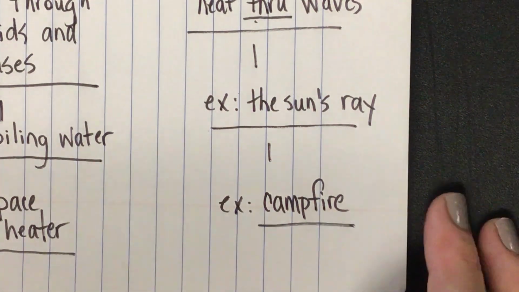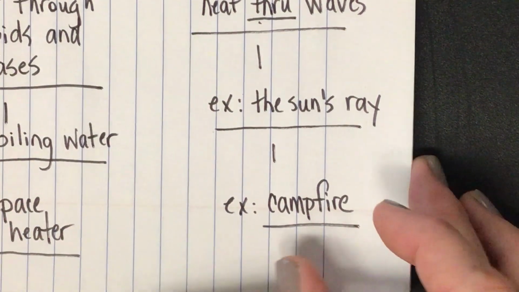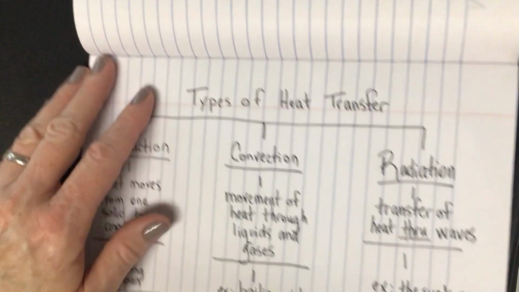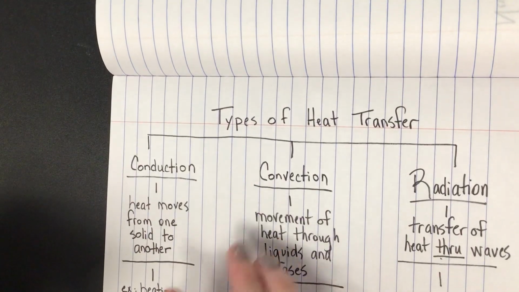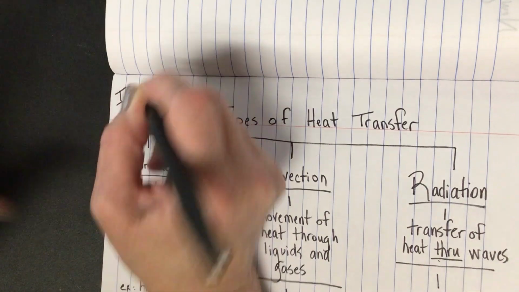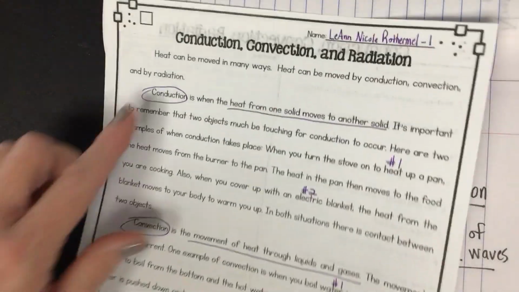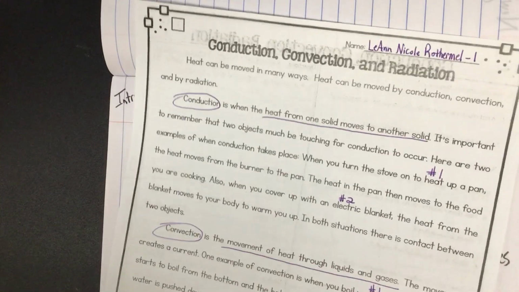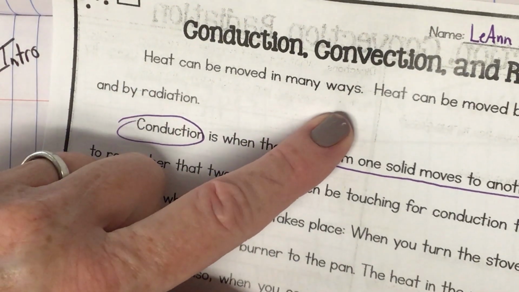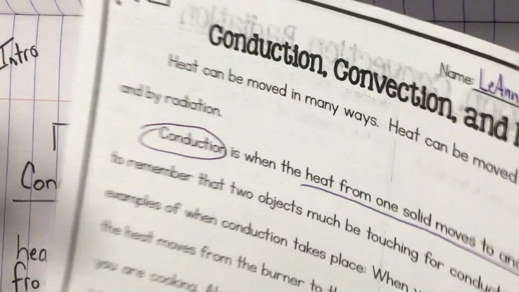All right, we're gonna do three last things. If we were gonna take this to writing, we've got to have an introduction, okay? So intro, and y'all, I'm not gonna reinvent the wheel. The paper we read, we're gonna copy. Heat can be moved in many ways. So we're just gonna use that as our intro.